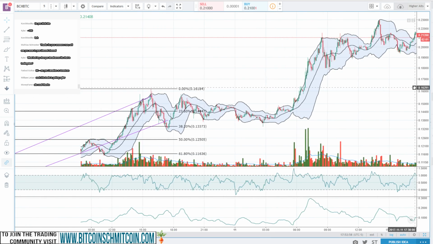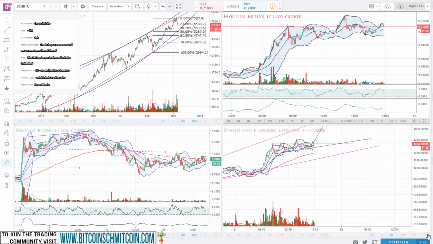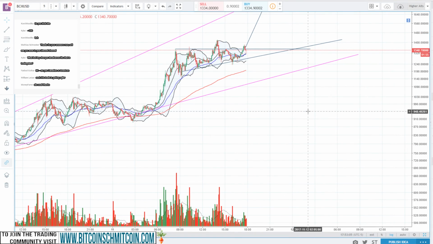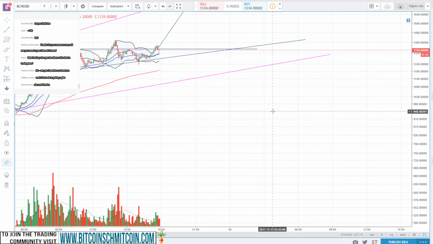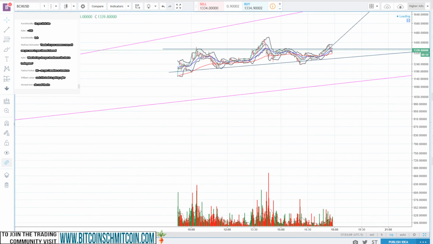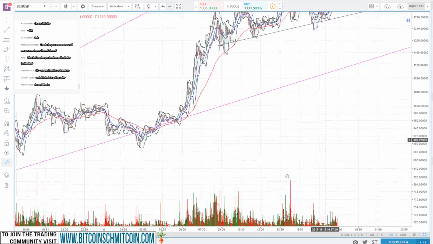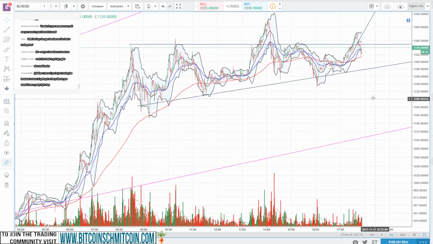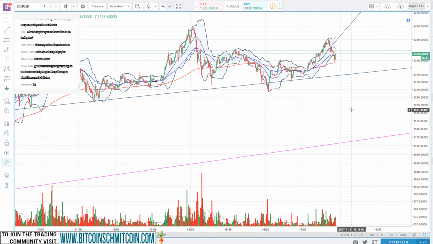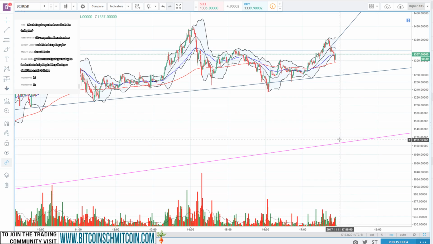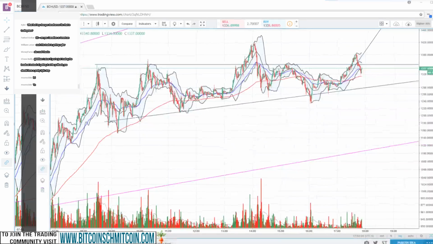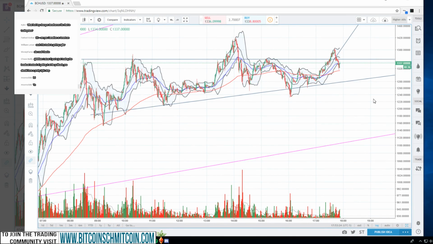Where did all my curves go? Oh, this is BCH Bitcoin. Let's zoom in a little bit more. For those of you who are freaking out because it broke down below, relax. Here's a little tidbit of position entry strategy.